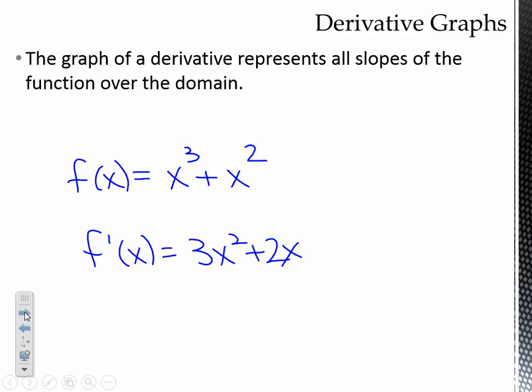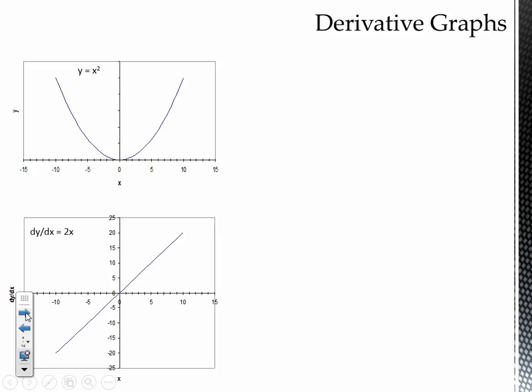Here we have x squared, and the derivative of x squared, which you found this morning, was 2x. So let's talk about some relationships.